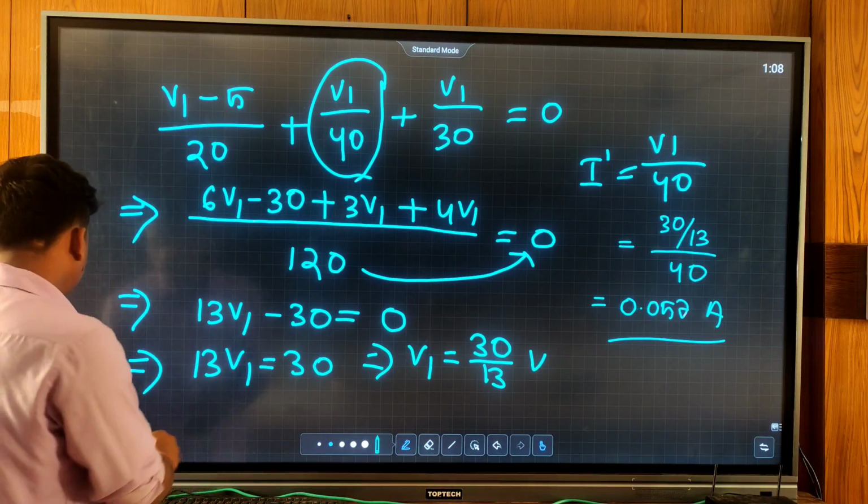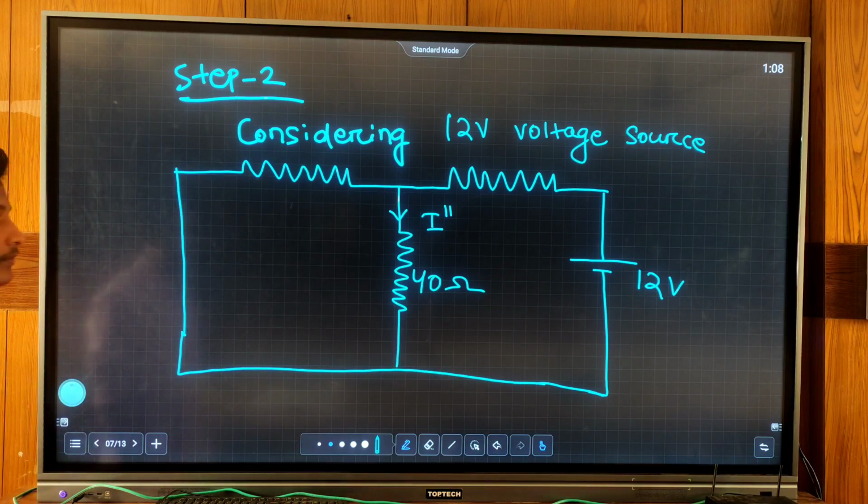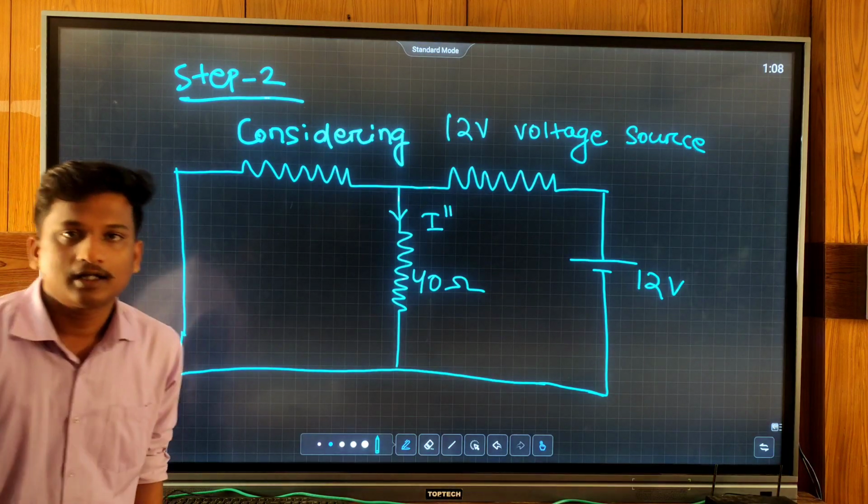So in step 2, we have to consider the 12 volt voltage source and remove the 5 volt source by short circuit.